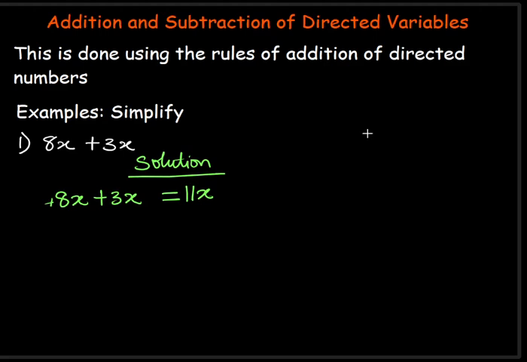Please, I know you may want to say it's 11x squared. No, we are not multiplying the variables. X times x is what will give us x squared. So our answer there is 11x.